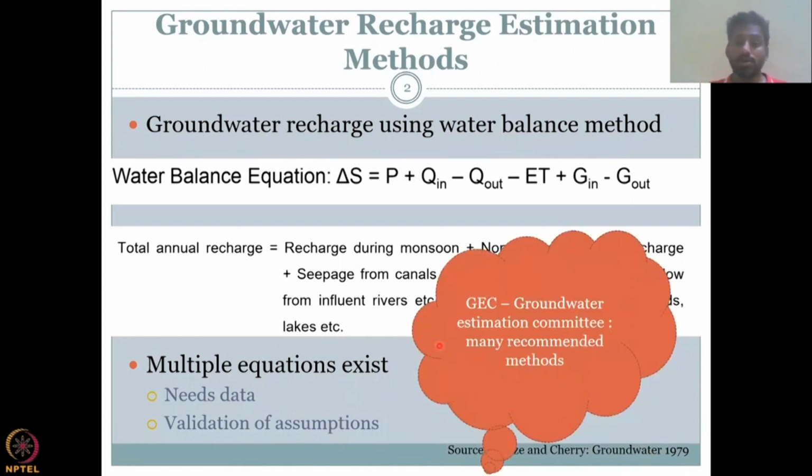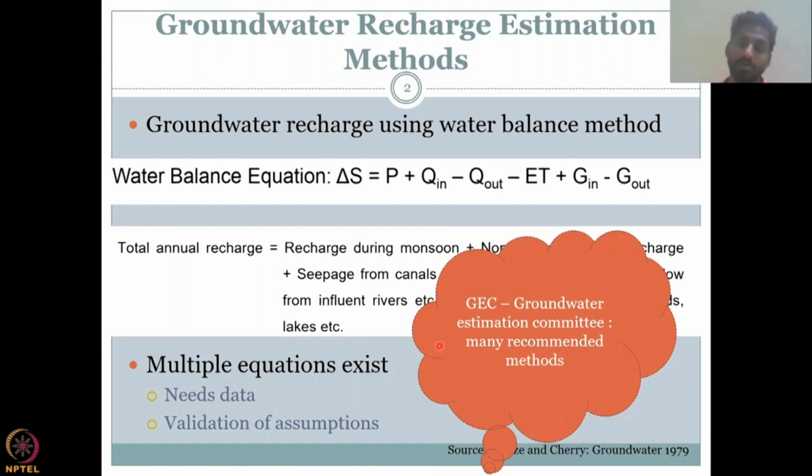So all this is very, very important while making these equations for water balance. The GEC, Groundwater Estimation Committee, has recommended many methods, and the methods are based on particular sites and particular uses of water, for example, urban versus rural, and also canal and non-canal regions, etc. This book, I've put it there, GEC 1997. Just Google it, you'll find it.